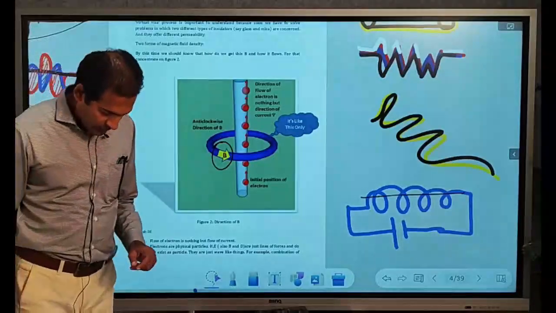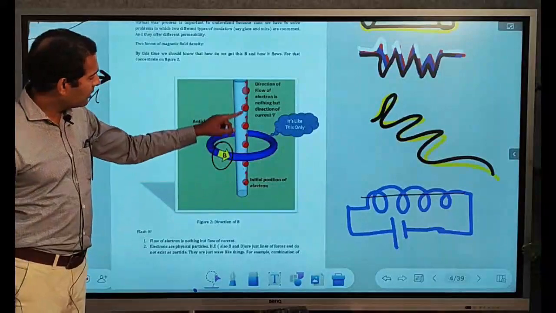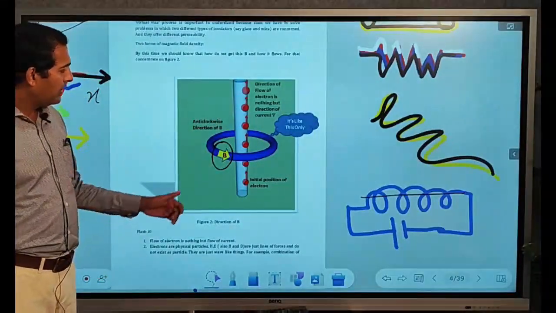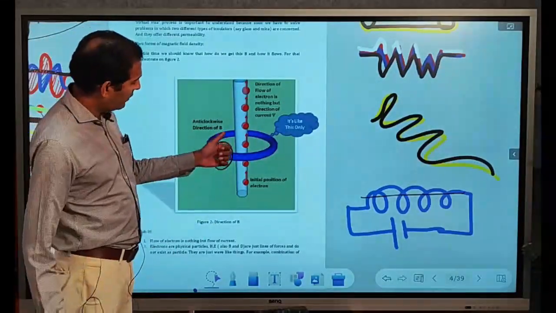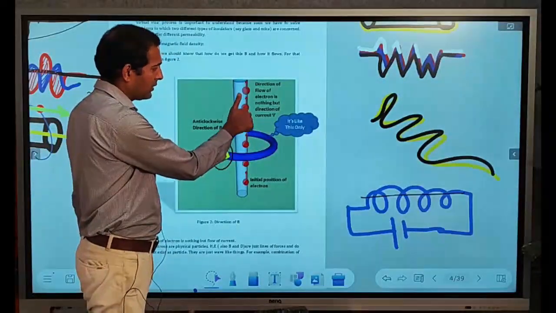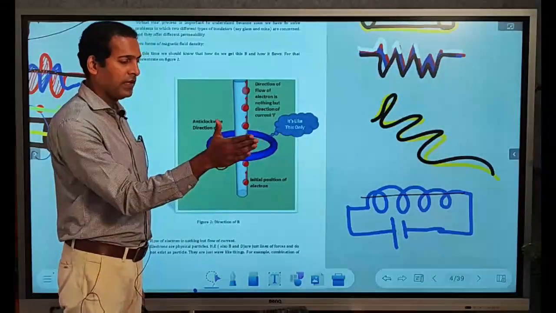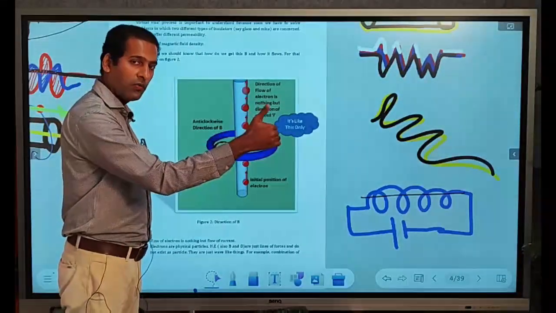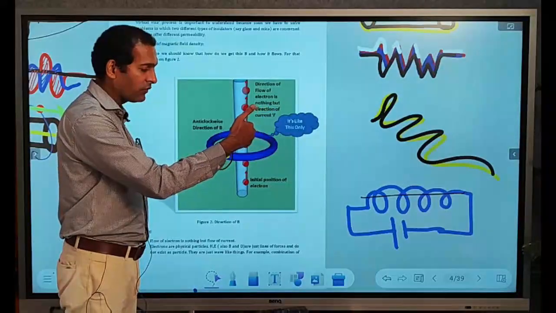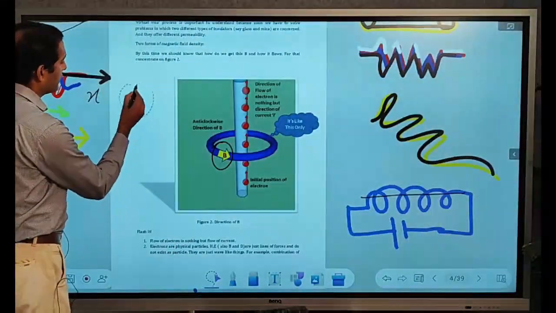Magnetic field cannot be produced by static charges. Charges should be in motion, and once these charges are flowing up, say the current direction is towards up, then the direction of magnetic field will be the direction of the curl of the finger. Curl means it's a circulation.